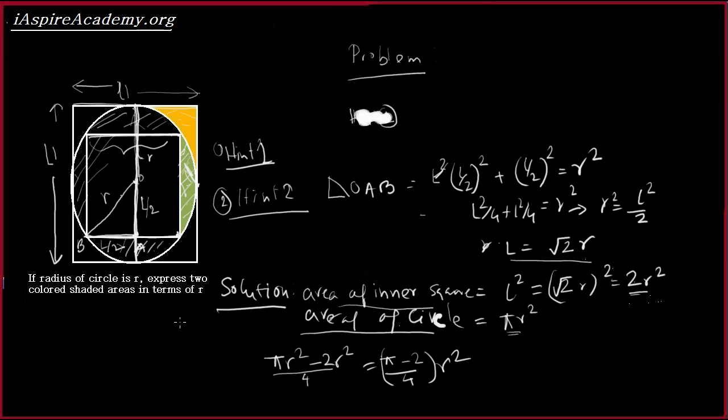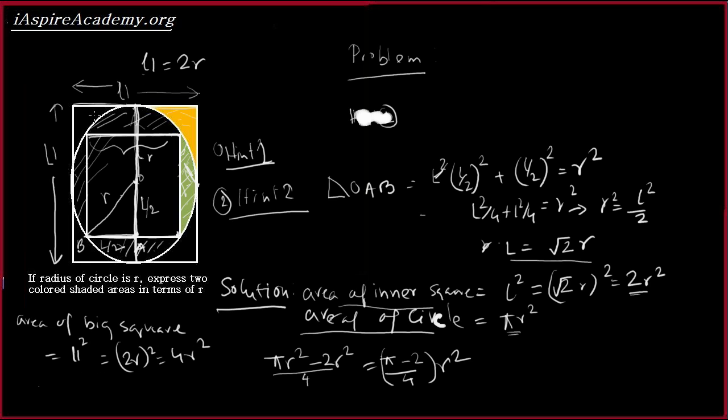So the area of the big square: L1 equals 2R, so L1 square equals 2R square equals 4R square.